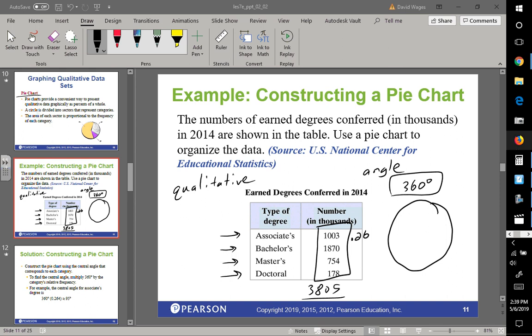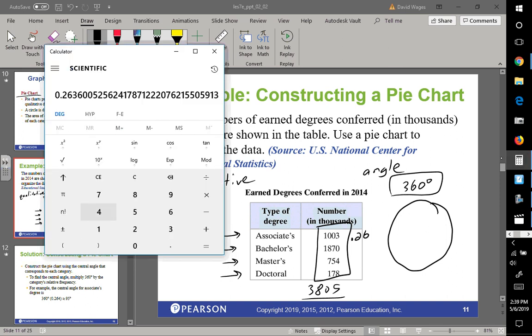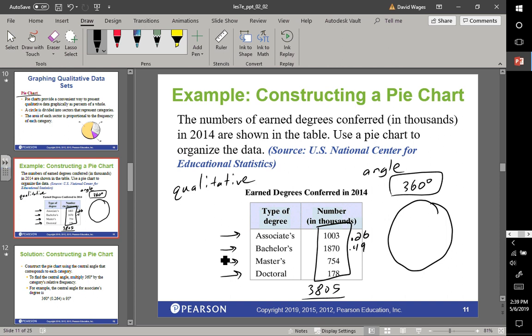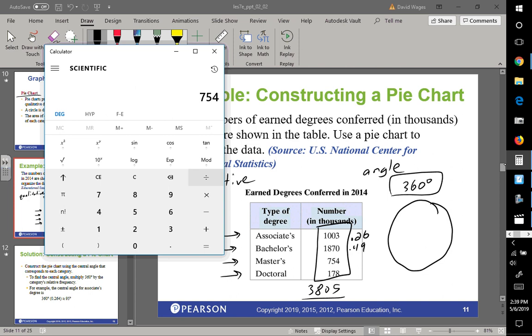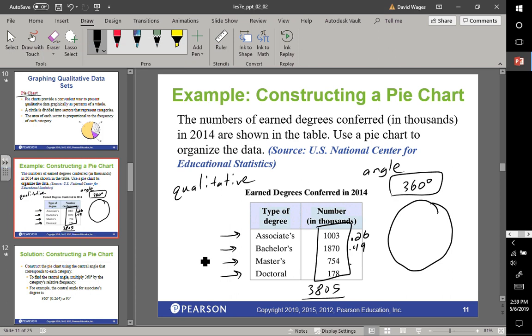The next one is 1,870 out of a total of 3,805. So almost 50%, 0.49. Then we have 754 out of the total. So that's, let's call that 20% or 0.20.